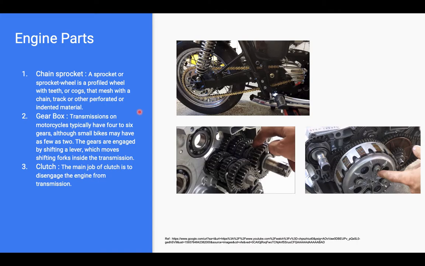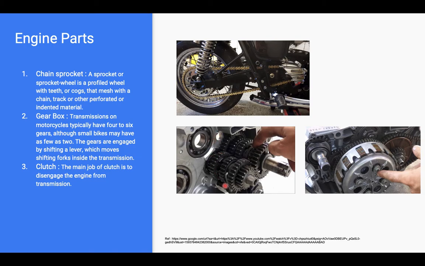Let's have some inside look. This is a chain sprocket. A sprocket or sprocket wheel is a profiled wheel with teeth or cogs that mesh with a chain, track or other perforated or indented material. Then here is a gearbox.